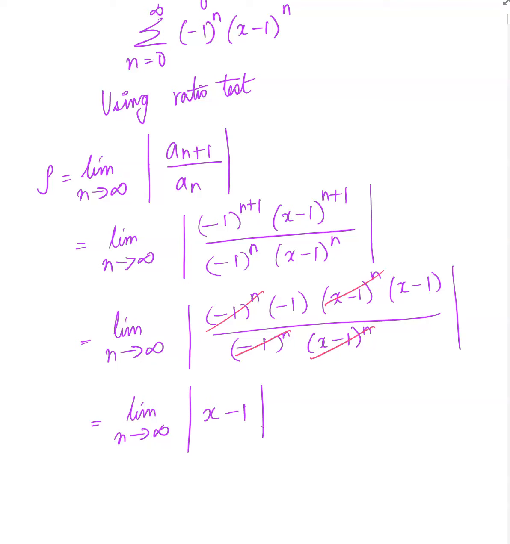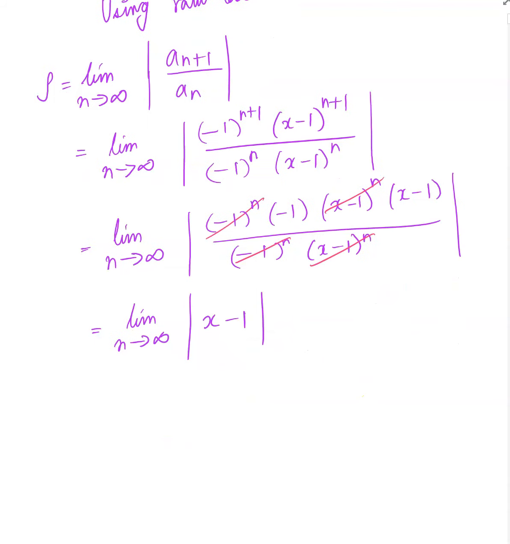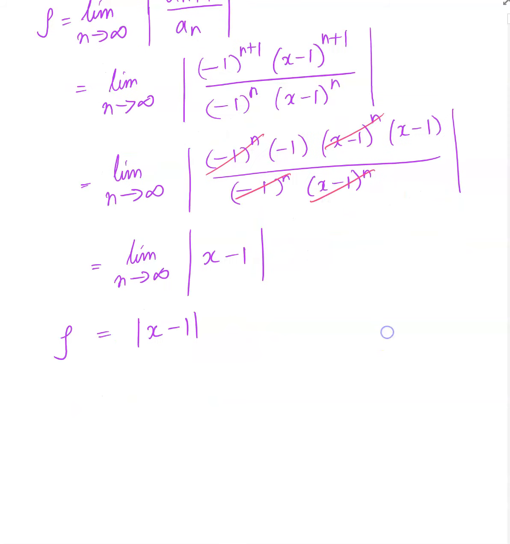So the series will converge if... by the way, there is no n in this formula, right? There's no n here. So this actually comes back as absolute value of x minus 1. Rho is this. If there was n, then we can apply the limit as n approaches infinity. So this comes back as x minus 1 with the absolute value bars.